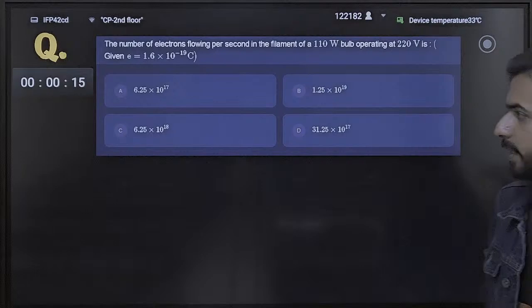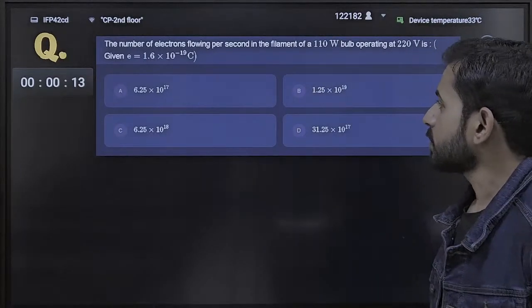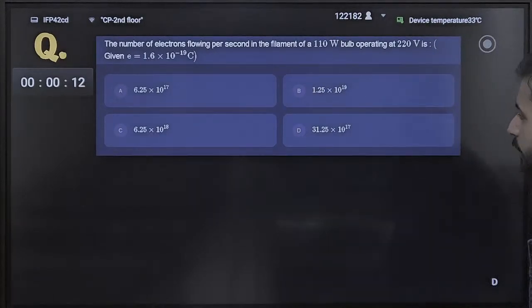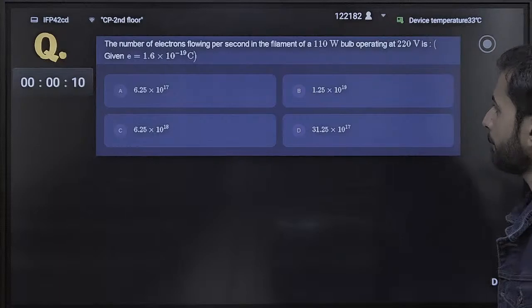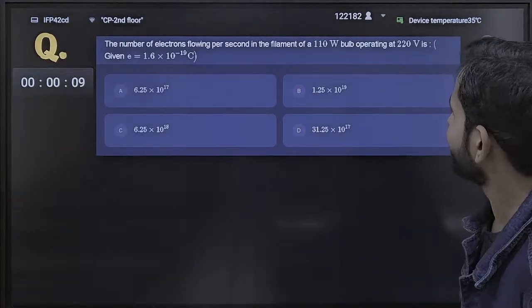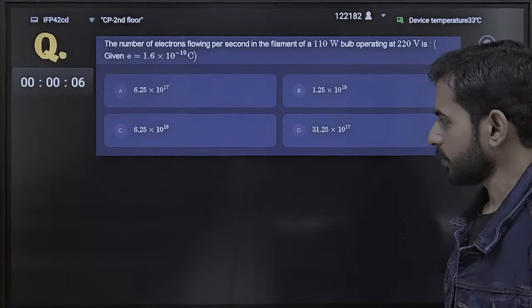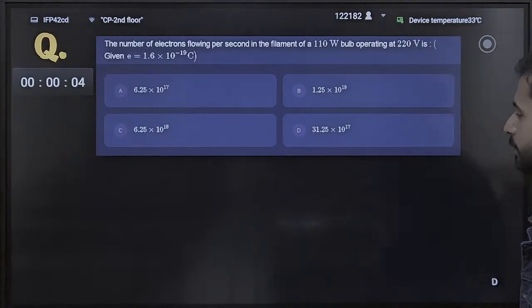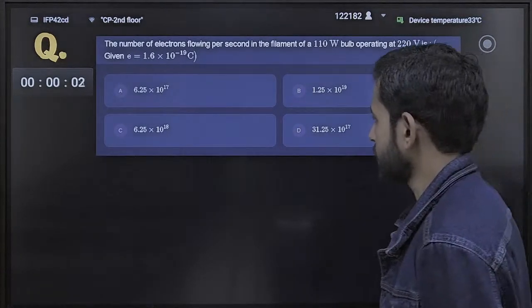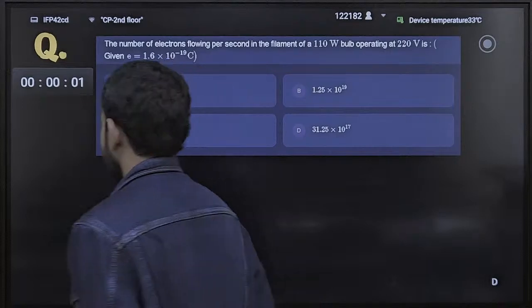Basic formula application. Number of electrons per second in the filament you have to calculate. Power rating is there. Battery is also there. 220 volt of supply is given to the system. So let's see what is the answer.